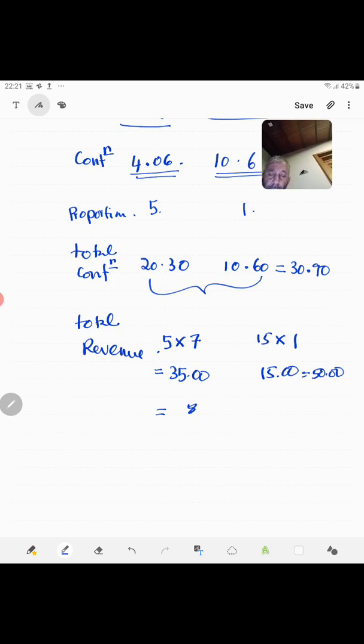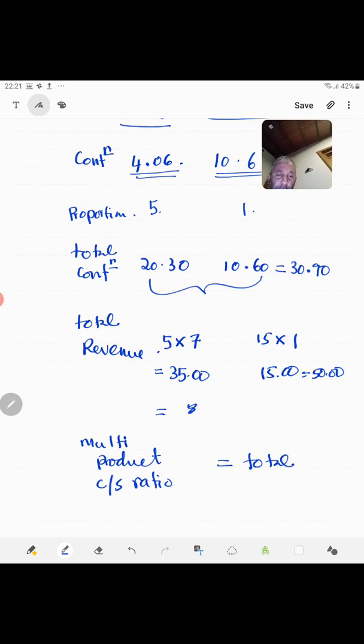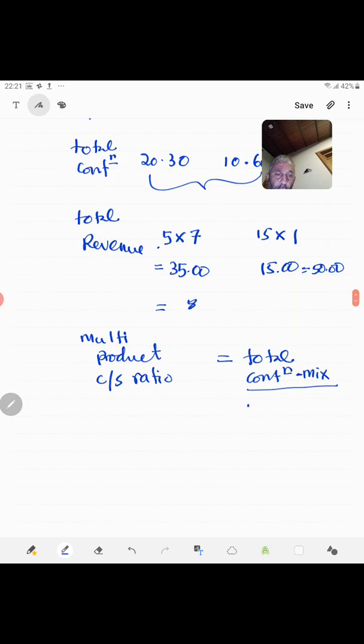Now, let's calculate the multi-product CS ratio. How do I calculate that? I take the total contribution of the mix divided by the total revenue of the mix.